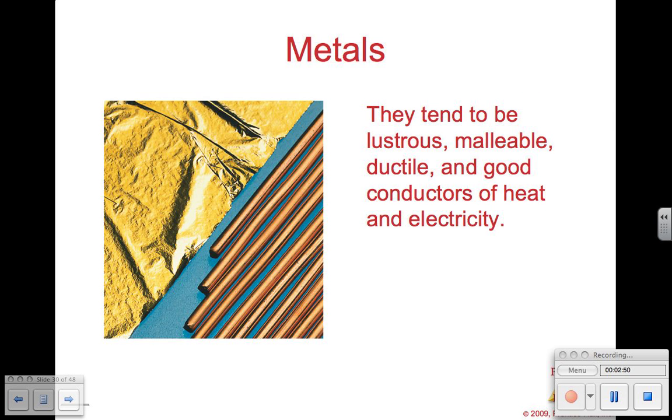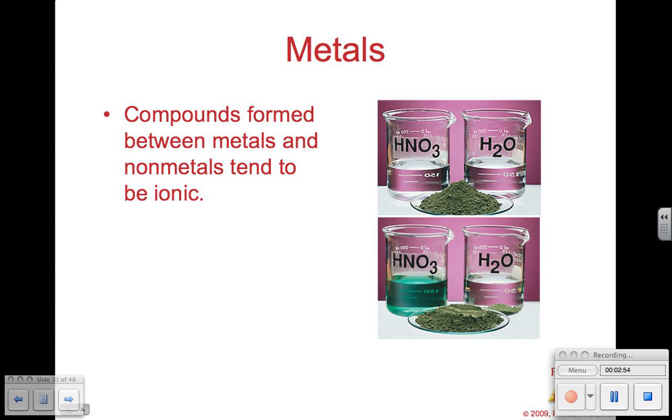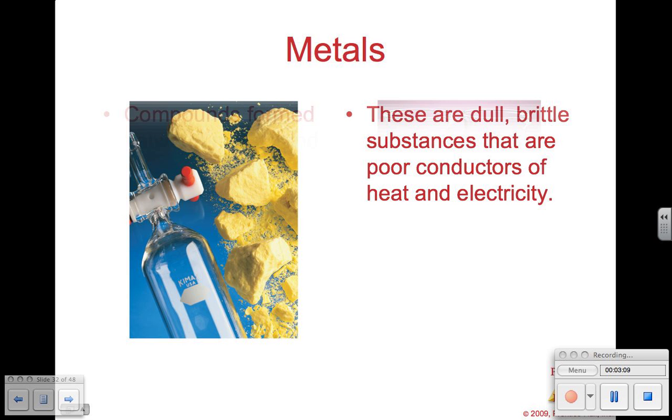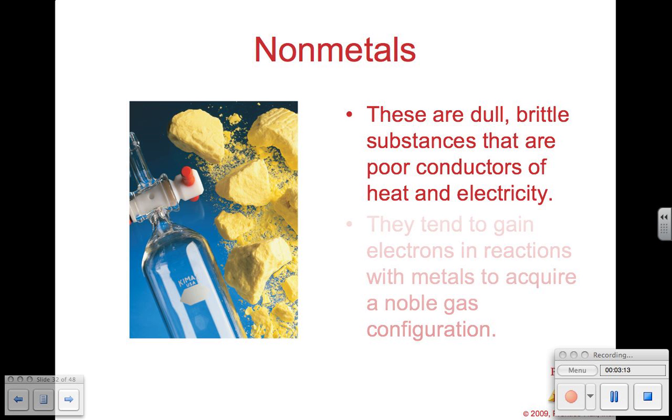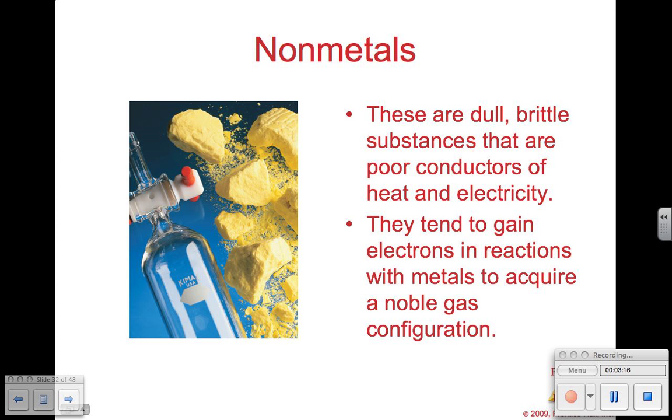So metals, like I said, are lustrous, meaning they're shiny, malleable, ductile, good conductors of heat and electricity. Metal compounds, when they form with nonmetals, tend to be ionic compounds. Metal oxides tend to be basic. This is just reviewing what that table was about.